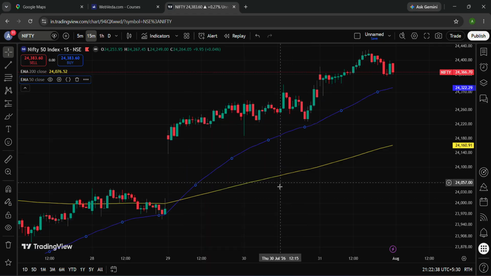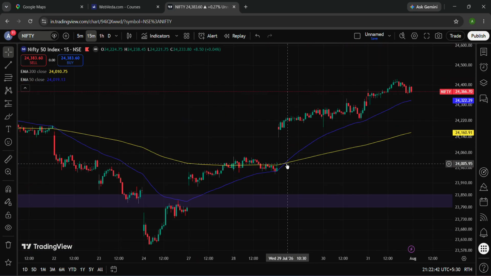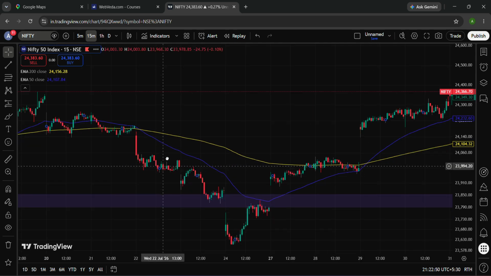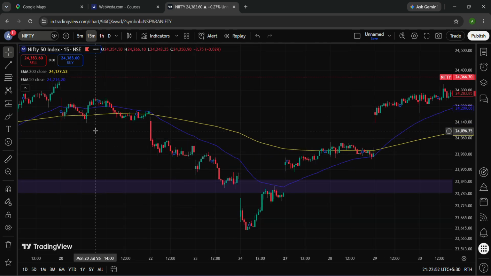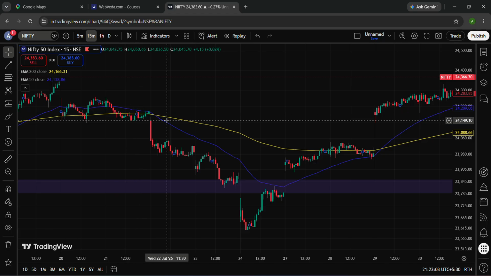Yes, this is called a golden crossover. This is the point where you should plan to buy your trade. And as I told you, when the blue line crosses from upside to downside of the yellow line, that becomes a sell signal for us.